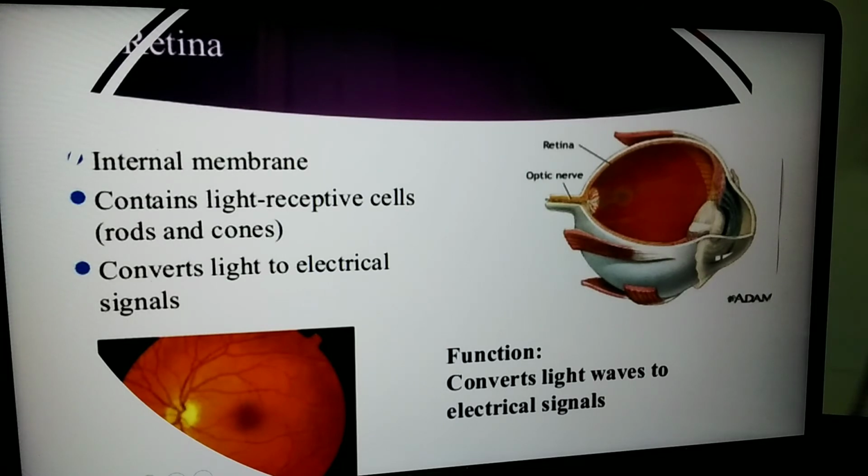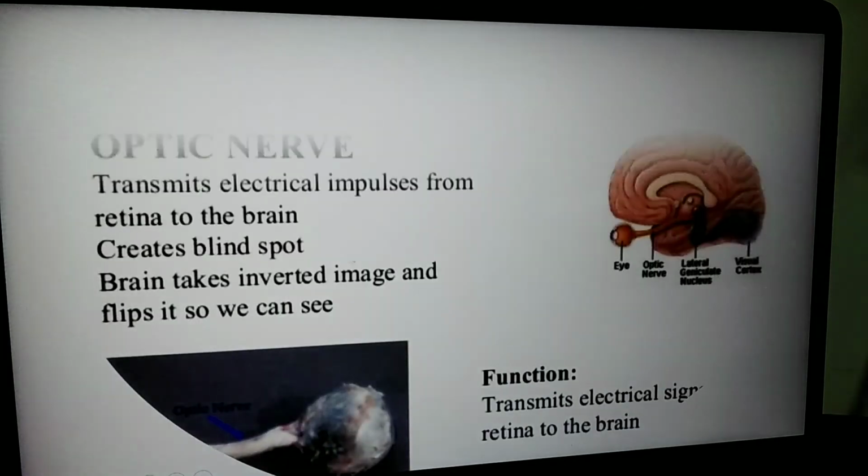It acts as a screen and it is connected to the sensory nerve known as the optic nerve, and it contains light receptive cells, that is rods and cones, and with the help of optic nerves it enables the light energy to convert into electrical signals.